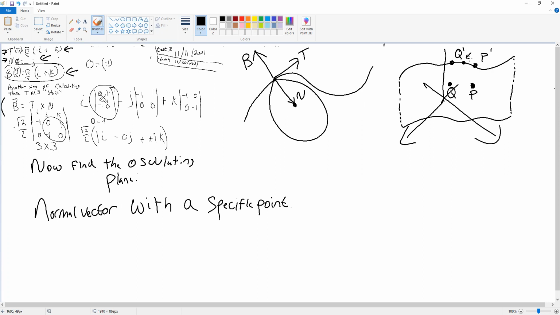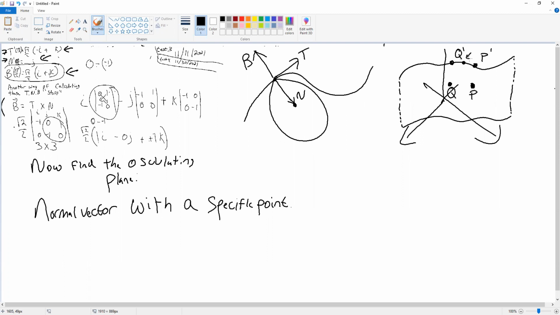We want to find the osculating plane. So what we need is a normal vector with a specific point on that plane, right? Because that's how we find a plane. We can take any point on that plane and any vector normal to it, and we can create the osculating plane.